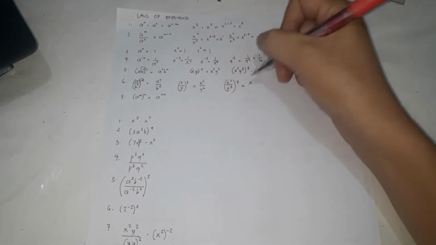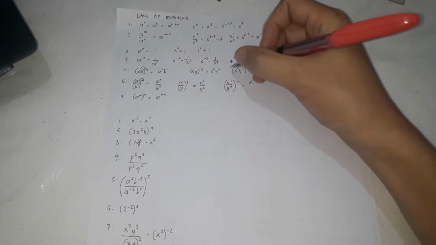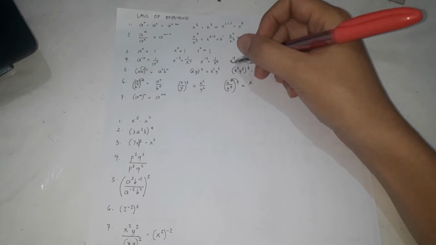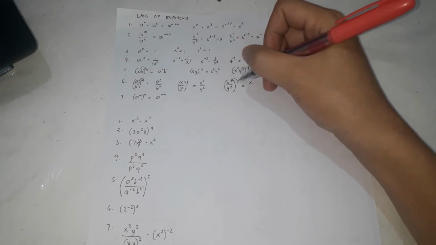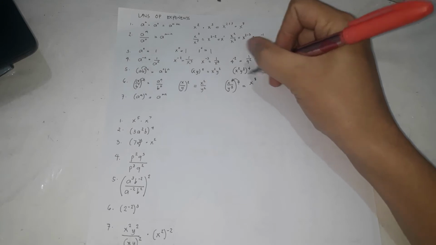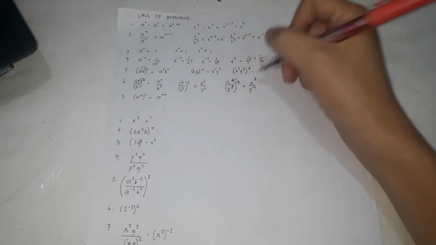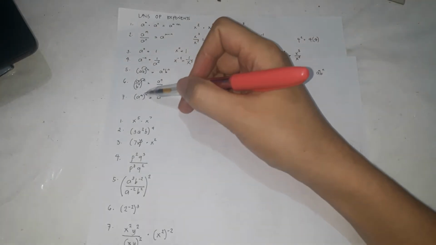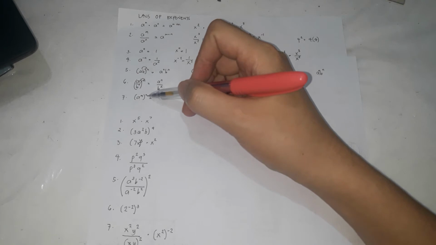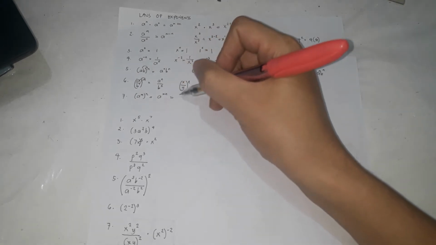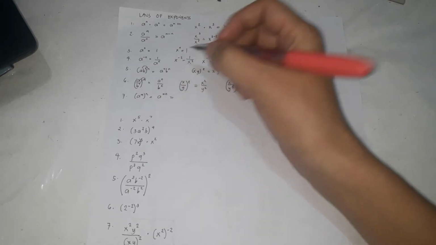Distribute mo yun siya. What will happen is you're going to multiply 2 times 4, magiging 8. 3 times 4, magiging y^12. Kasi sinabi dito, if (a^m)^n, that's a^(m times n).